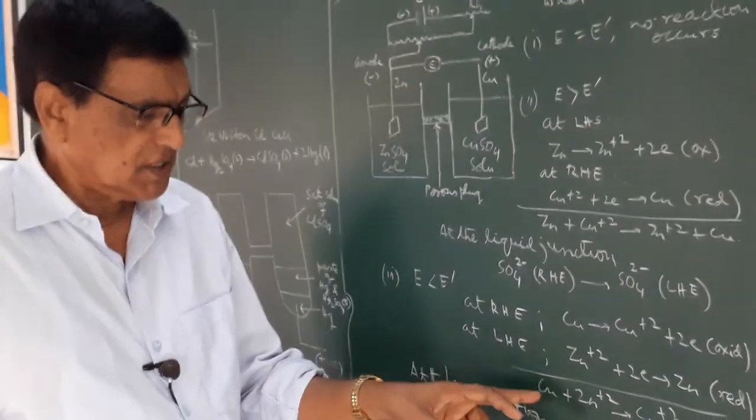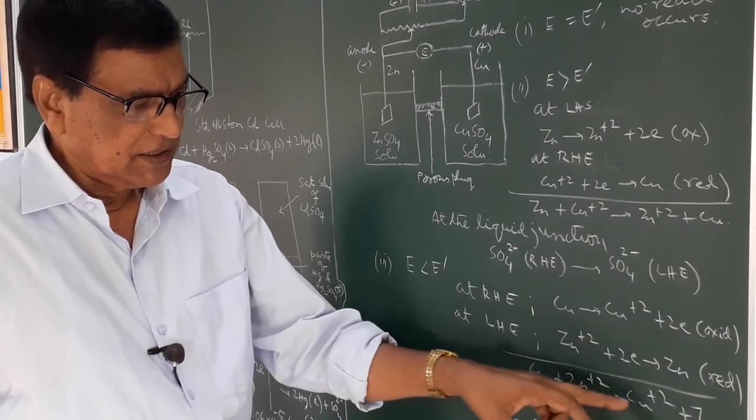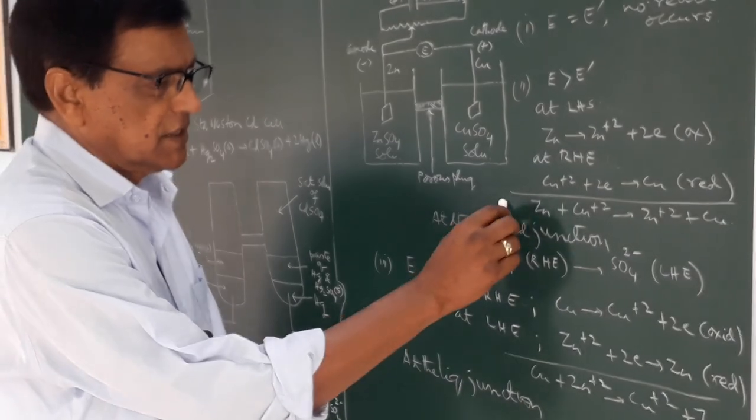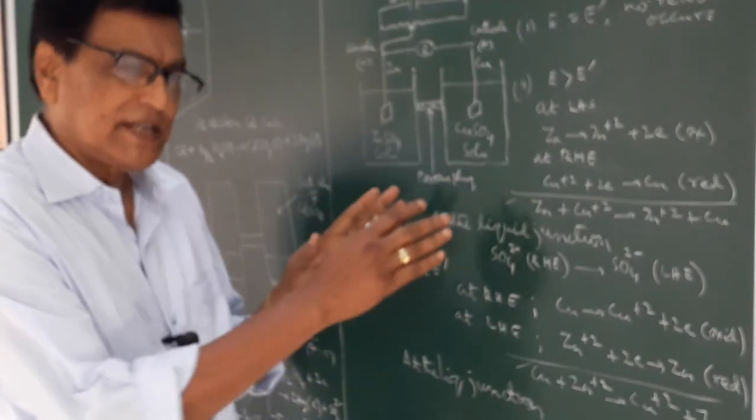So the net reaction is copper plus zinc ion giving copper ion plus zinc. This reaction is totally reversed. In this way, it is no problem. These electrode reactions are totally reversed.